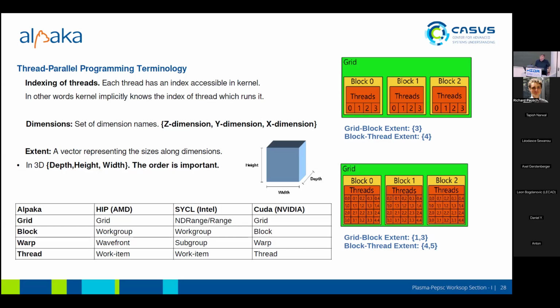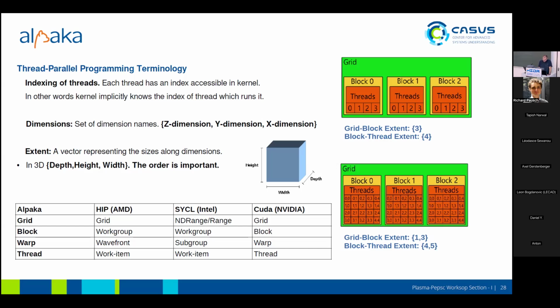In the second one, you can see that it is a 2D grid, and the grid block extent is 1, 3 because there are 3 blocks and 1 row of blocks, and the block thread extent is 4 and 5, an array of 2 items.